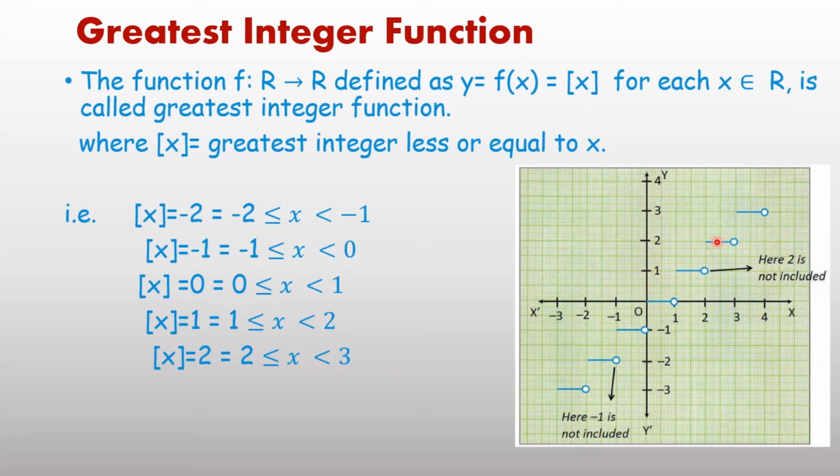In the second line you can observe, if the value of x is greater than or equal to 2 and less than 3, then the value of f(x) will be 2. Same pattern here. This value is minus 2 if x is greater than or equal to minus 2 and less than minus 1.